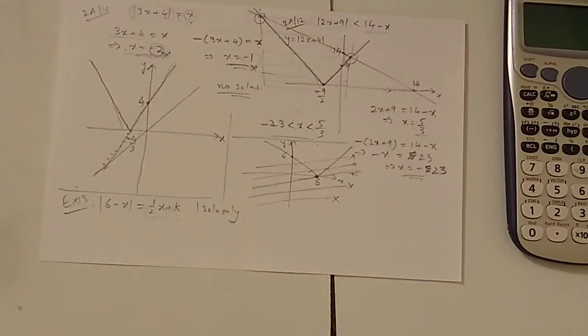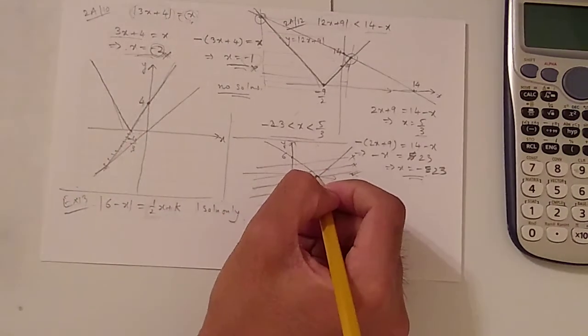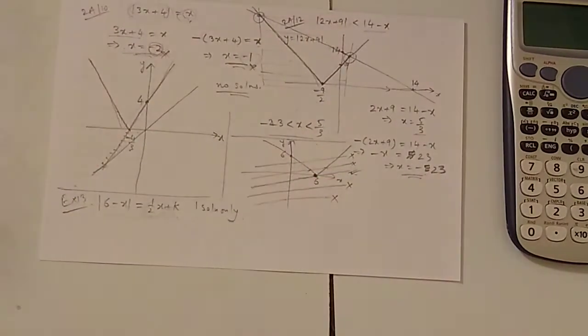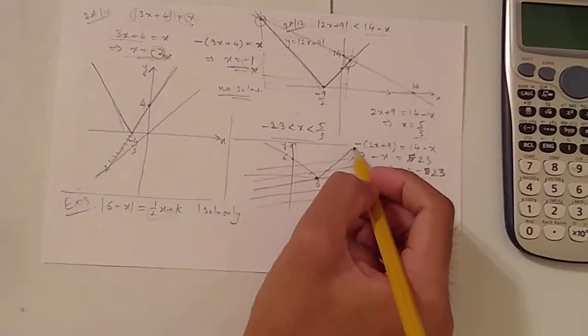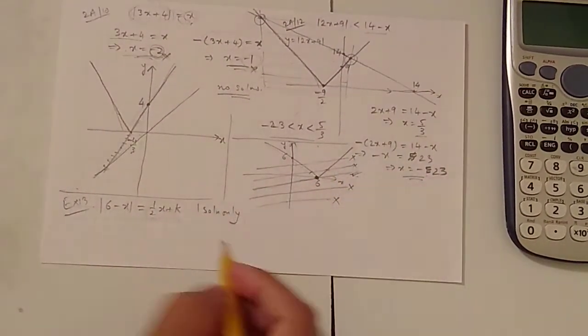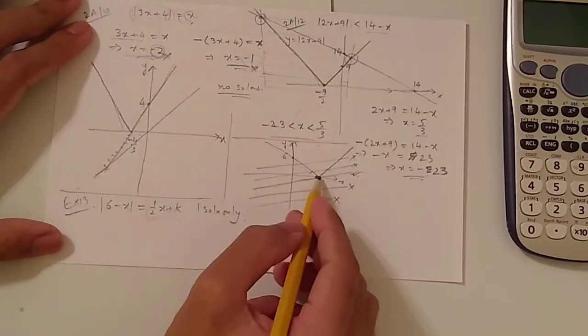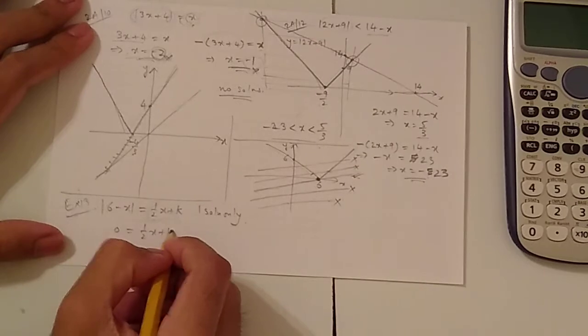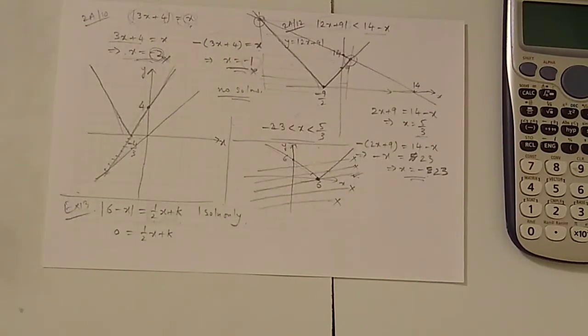To continue finding the answer, notice that at the vertex the value of |6 minus x| is 0. This graph also reaches 0, so at the point of intersection, 0 is equal to half x plus k.